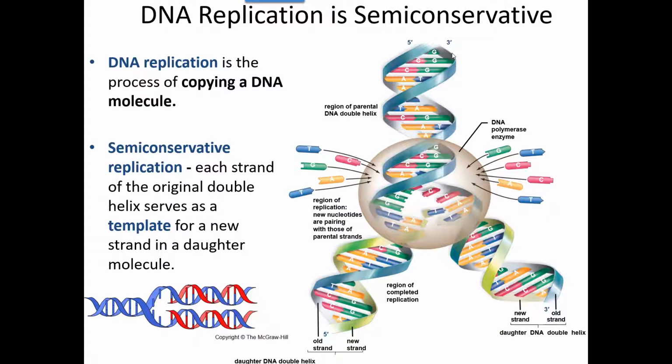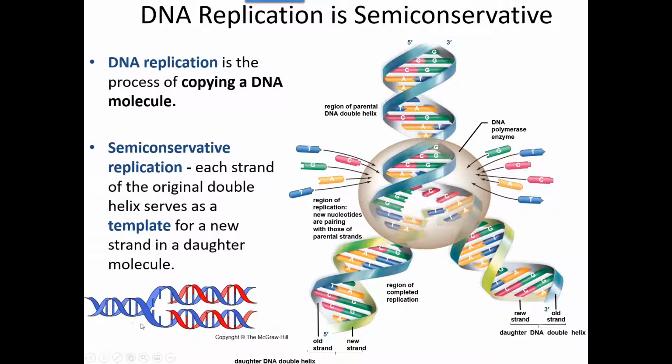So you do have a double-stranded molecule. What semi-conservative means is that each of those original strands becomes a template for each new daughter strand. Shown on this picture, I like the blues and reds. My original strand is blue.